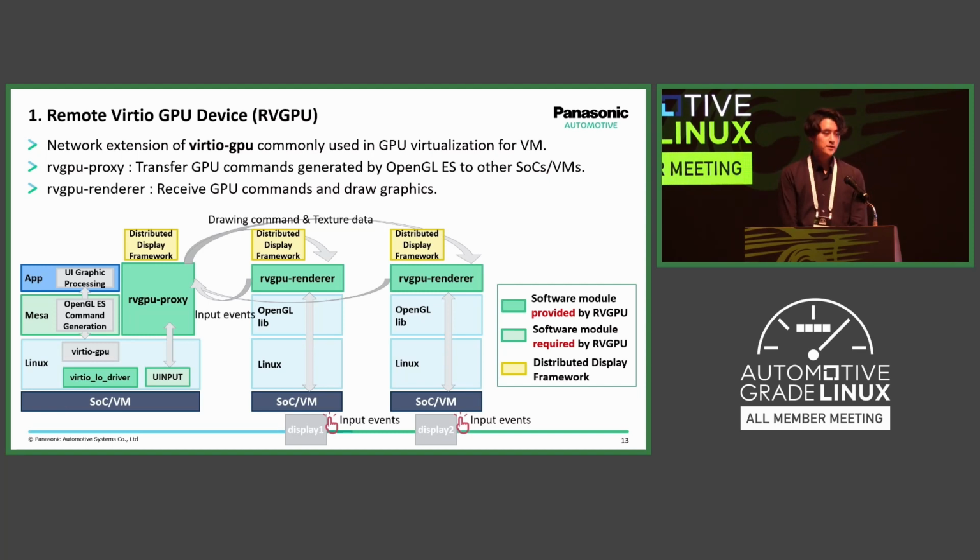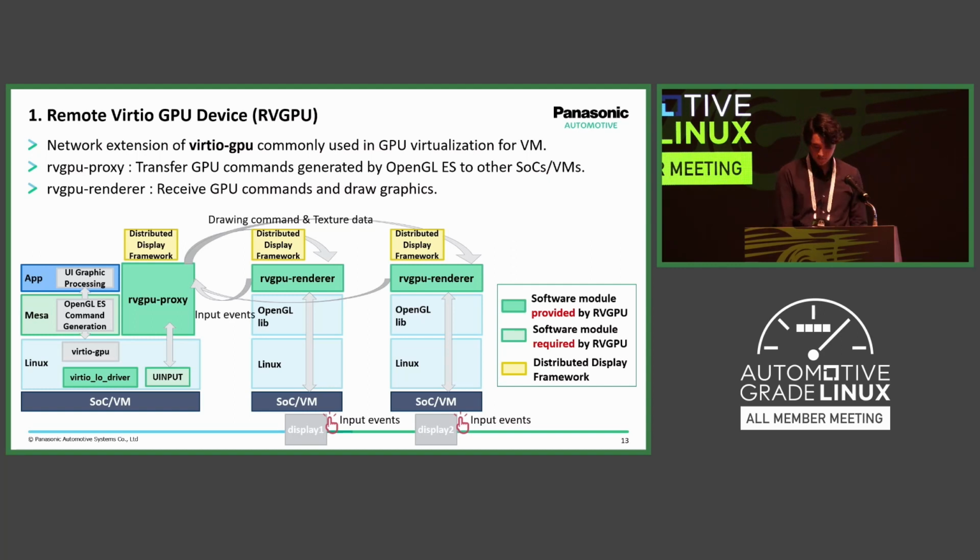RVGPU is a network extension of VirtIO GPU, commonly used for GPU virtualization in virtual machines. RVGPU can be further divided into two main components: the RVGPU proxy on the left side and the RVGPU renderer on the right.